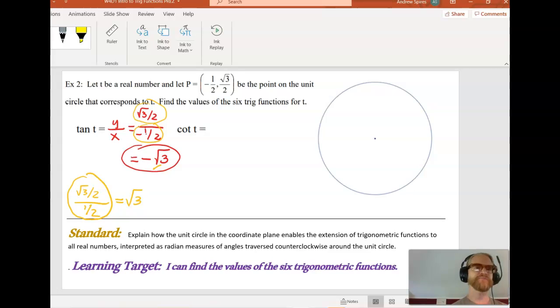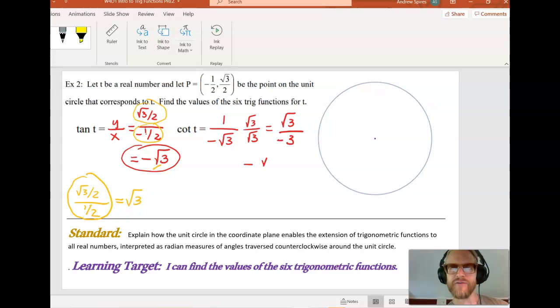Now, cotangent. Cotangent is the reciprocal. So now I need to take 1 over -√3. Well, I don't like that. I have to rationalize that. So I'm going to multiply top and bottom by the square root of 3. 1 times √3 is √3. -√3 times √3 is -3.